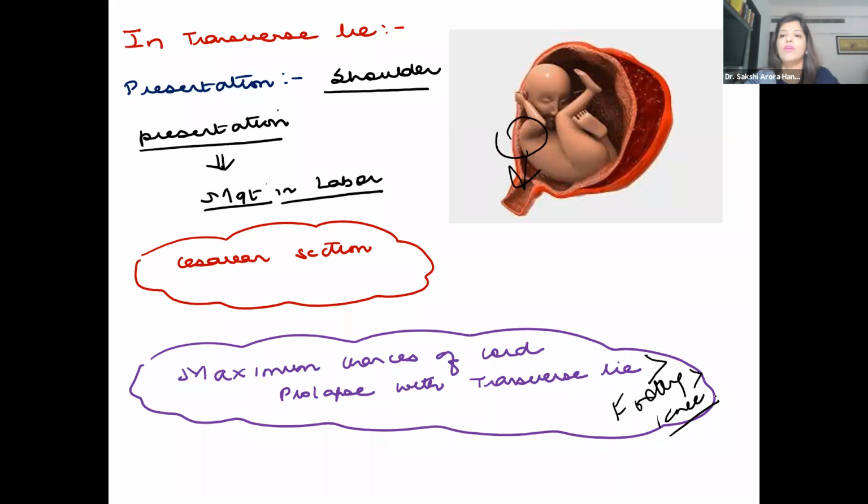If that is not given in the options, then footling presentation of breech. And if that is not given, then knee presentation of breech. Because in transverse lie, footling, and knee, in all these three conditions, chances of cord prolapse are maximum, that is why cesarean section is done in all these three conditions, right?